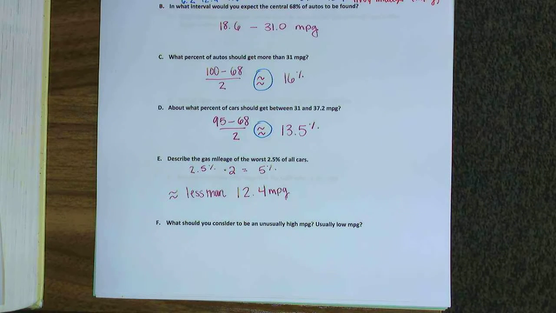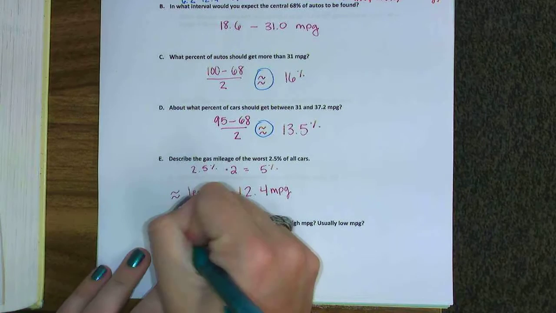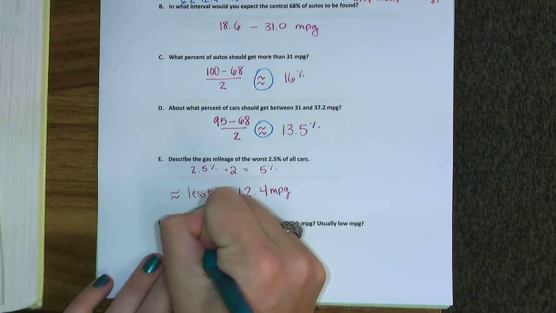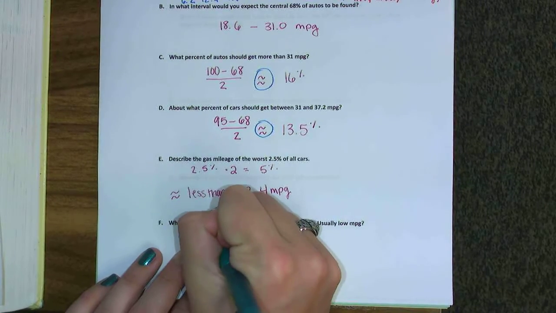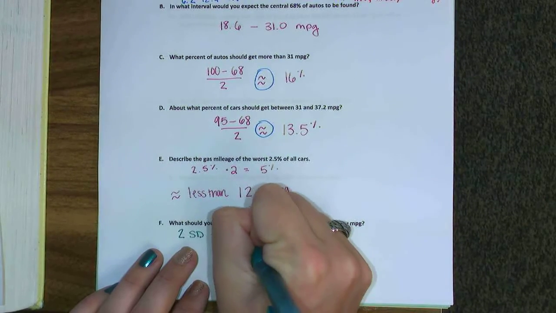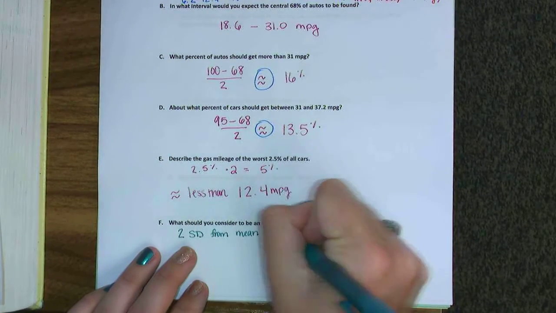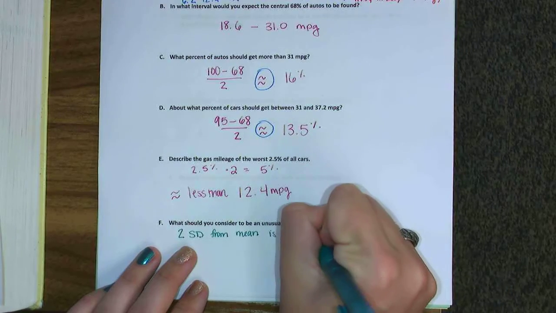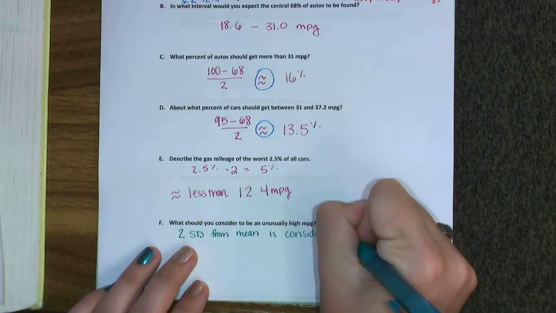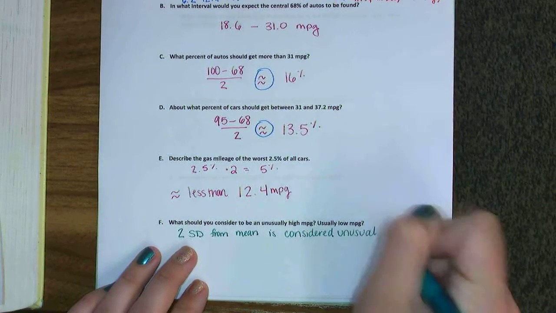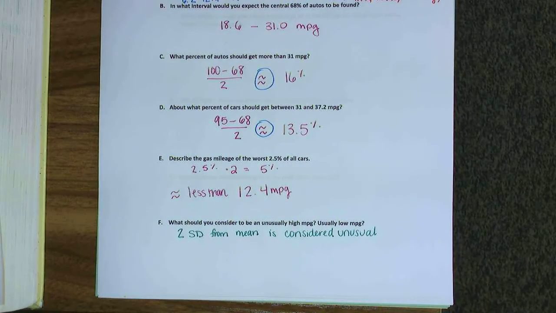I don't remember if we've talked about this, but a note that we should make if we haven't is that anything 2 standard deviations from the mean is considered unusual. So anything 2 standard deviations away or more in either direction is the case.